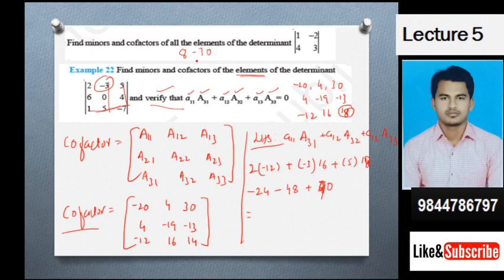So 8 minus 30 is minus 22. Minus 22 means one more minus. Minus into minus is plus. This is 22. So what did I mistake here? Sorry. This is plus 22 and this is 18.